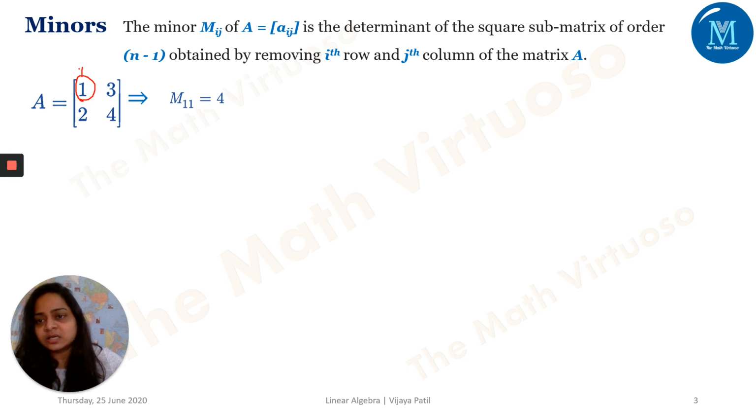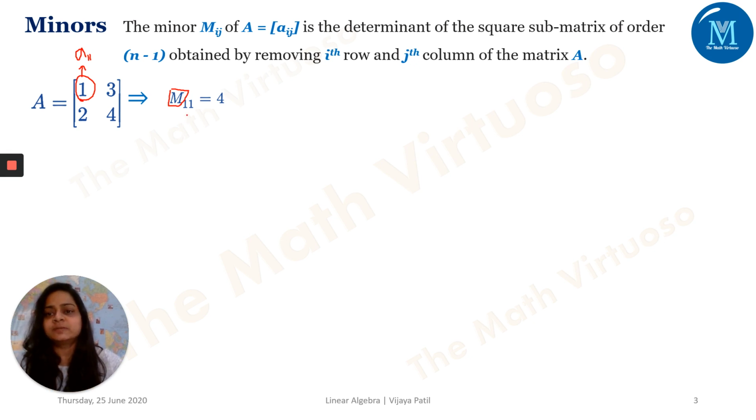Whereas in this, we are using the notation small a11. But whenever we are talking about the minors and the cofactors, we use the capital notation, that is M11. Now if I'm given M21, I should understand that it is the minor of the element placed at the second row and the first column, just by the notation.